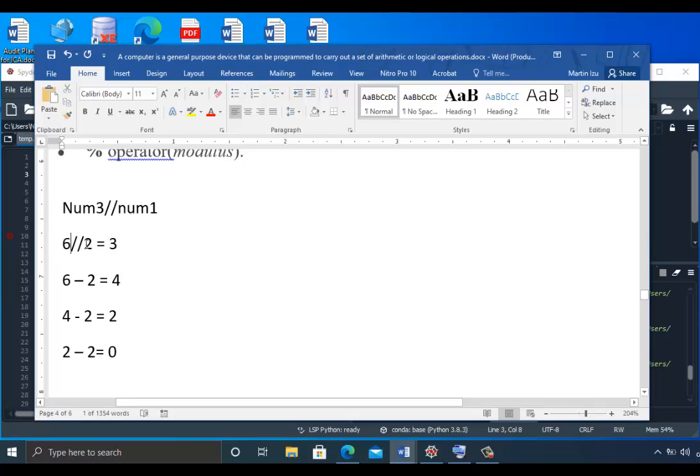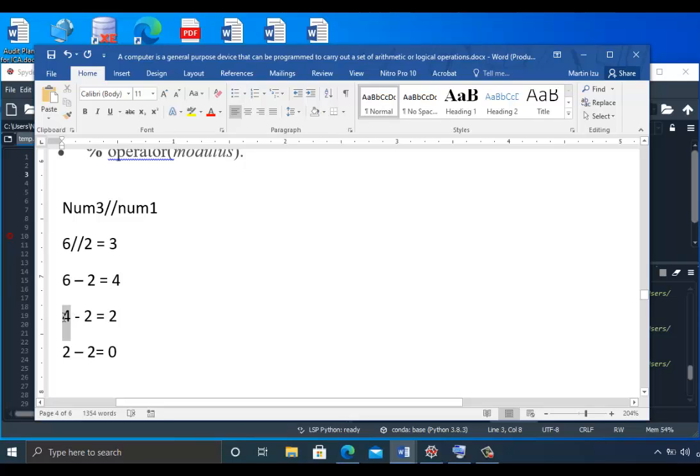That is what this statement is all about. How many 2's can we find in 6? We use the difference. We said the difference between 6 and 2 is 4.